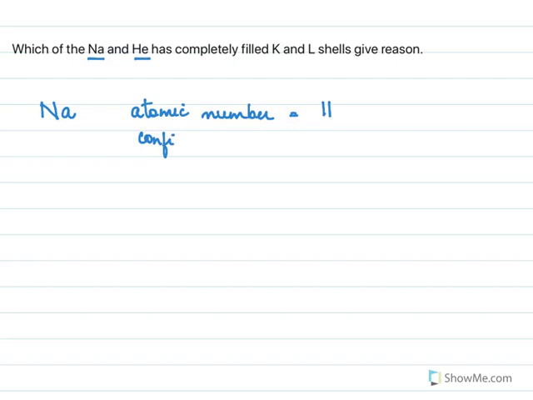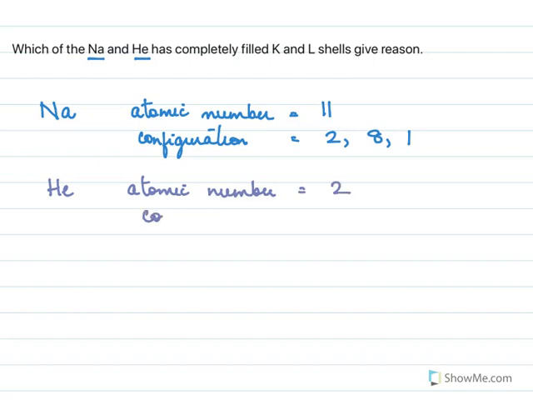So configuration is 2, 8, 1, and when it comes to helium, the atomic number of helium is 2. So configuration is just 2 in the K shell.